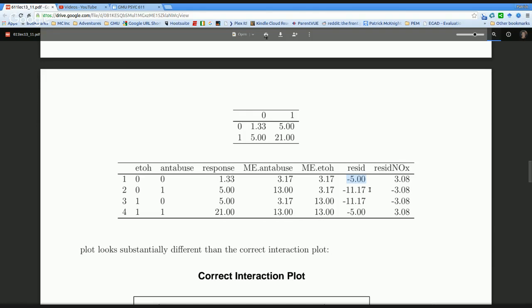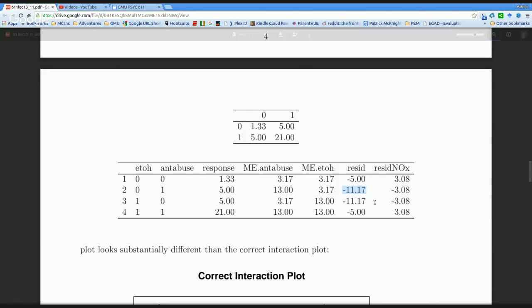So this is the residual. This is the residual effect. Similarly, if you take 5, that's the mean response for this group, the no alcohol, antabuse group. The mean response is 5. If you subtract out 13 and 3.17, you will get -11.17.